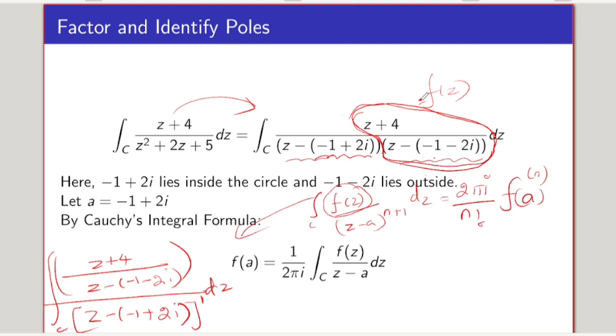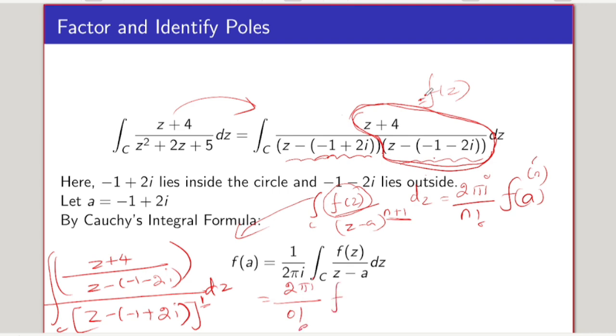So I'm getting the left hand side of the Cauchy integral formula. So here it is n plus 1, here it is 1. That means n will be 0. If n is 0, what will be on the right hand side? 0 factorial, and f power n.